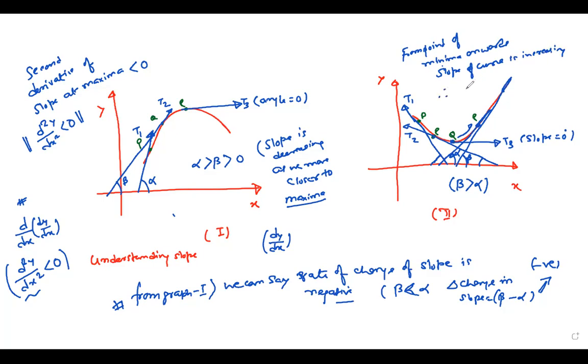Therefore, we can write the rate of change of slope is positive. So d2y by dx square is positive.